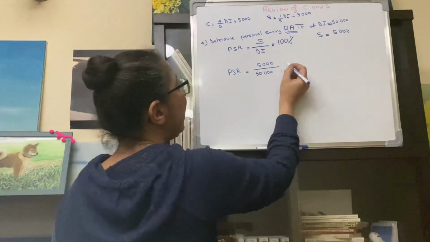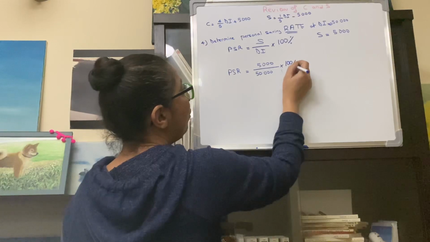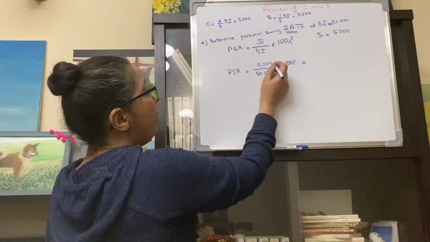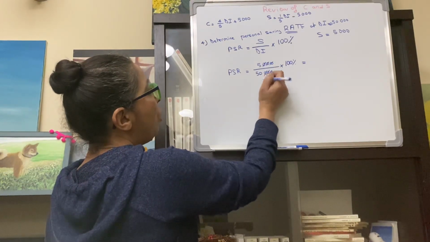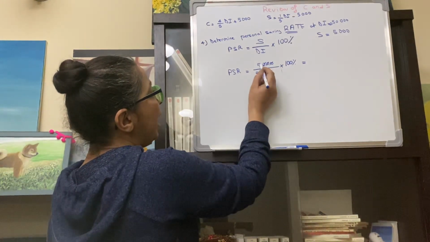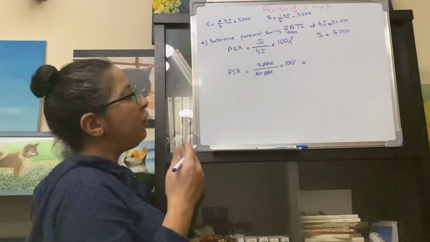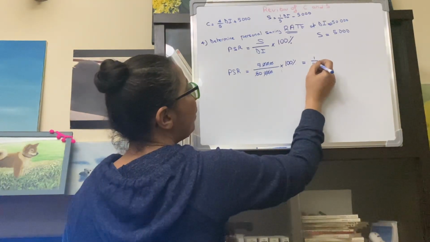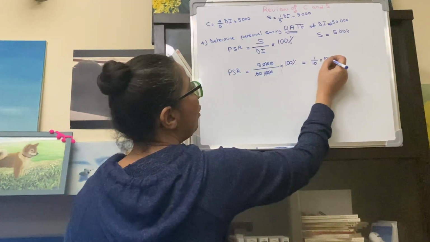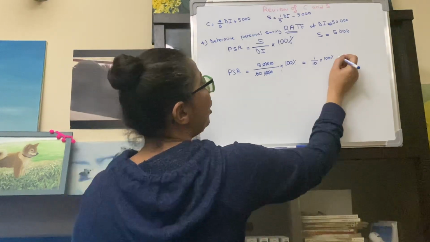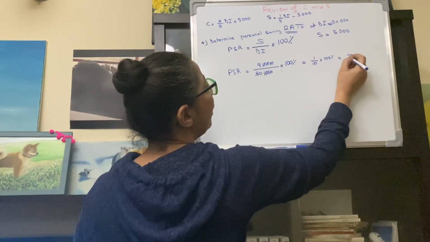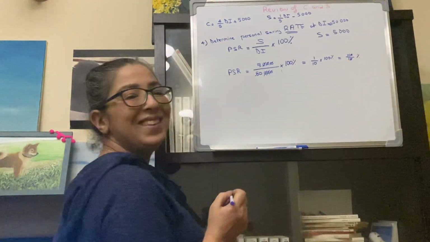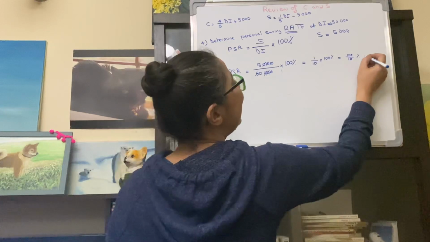I made a huge mistake here. What should I do? Times 100%, which is equal to. So I'm going to simplify right here. 3 zeros. I have 5 over 50. I can simplify by 5. That would give me 1 over 10. 1 over 10 times 100%, which is going to give me 100 over 10%, and it's going to give you 10%.